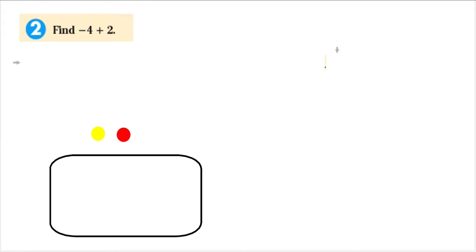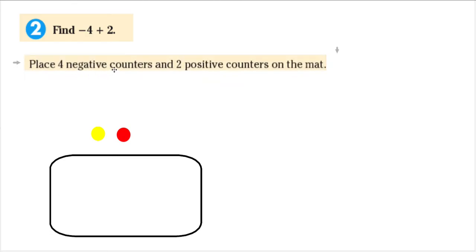Okay, let's find negative 4 plus 2. Place 4 negative counters and 2 positive counters on the mat. Okay, so let's do that first. Place 4 negative counters. Okay, 1, 2, 3, 4.